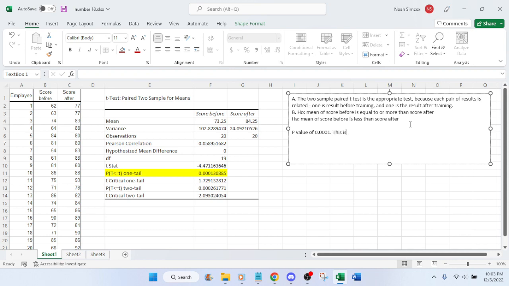This is less than 0.05, so reject the null hypothesis.